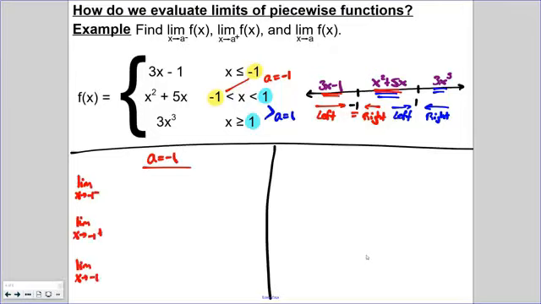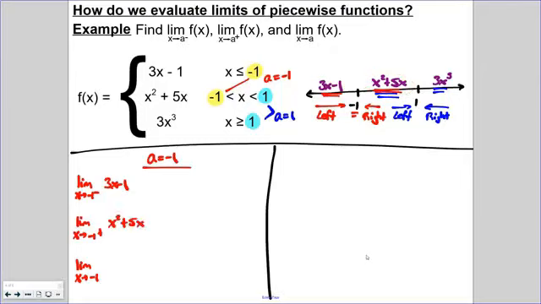Now, the most challenging part about evaluating limits of piecewise functions is choosing the correct expression to put in the limit. So for our first limit, we're looking at x approaches -1 from the left, and we've already identified that that's going to be 3x minus 1. So we'll throw that expression in there. To evaluate the limit as x approaches -1 from the right, we have also said that that's going to be x squared plus 5x. So we can throw that in there.